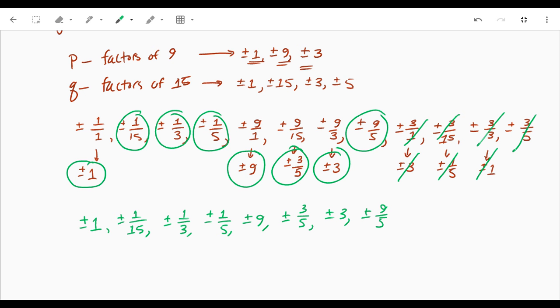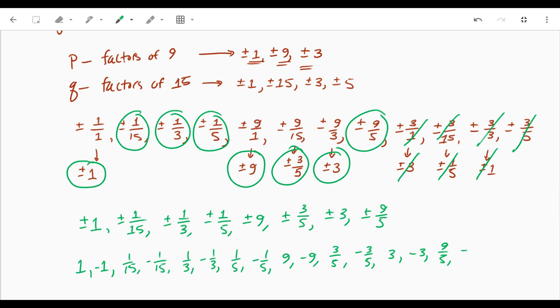Okay, you could write it like that, or we could write it like that. Either one of those lists would be acceptable answers.